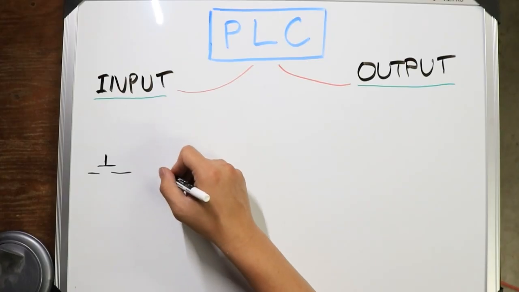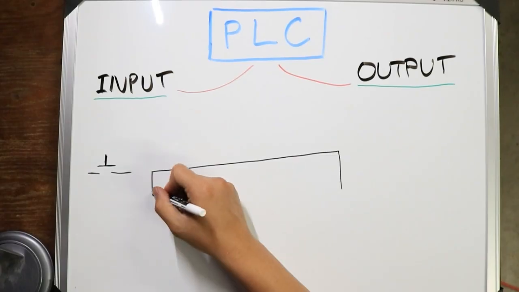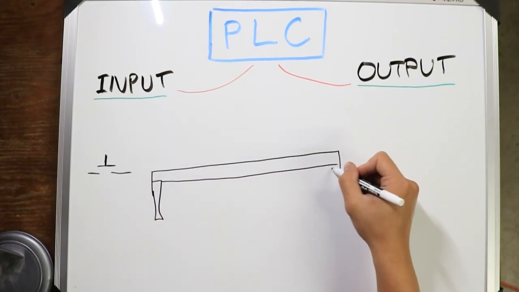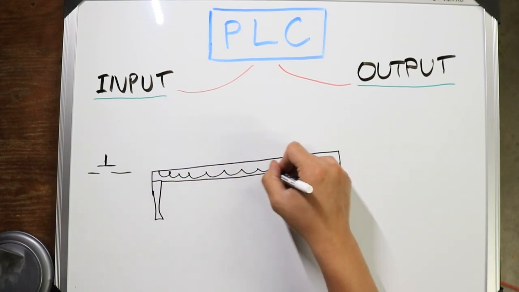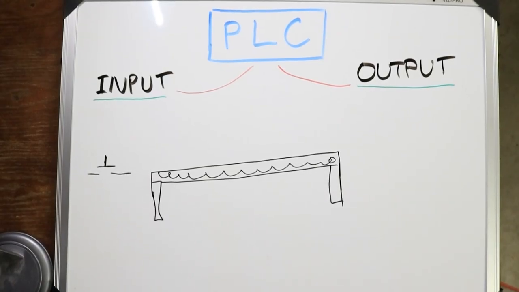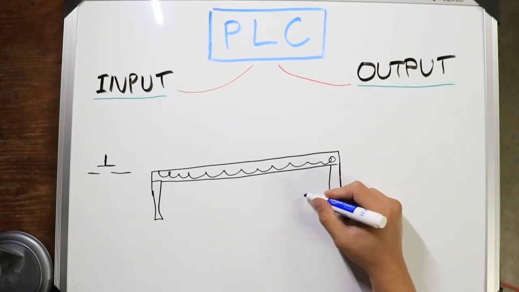And we have a conveyor. Let's say we have a conveyor. Very common in the warehouse, these conveyors. And that conveyor has to have something to move it, right? We'll just put a little motor right here.